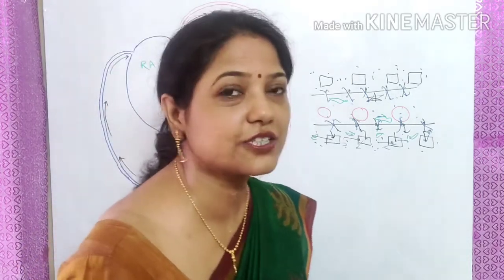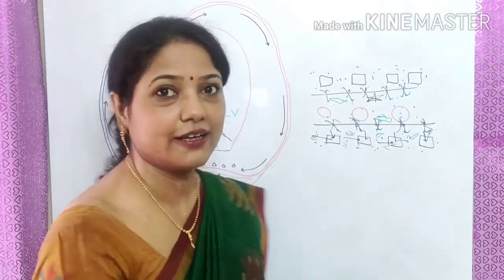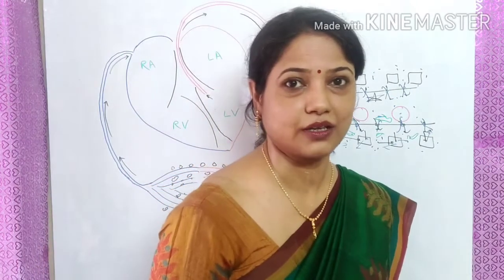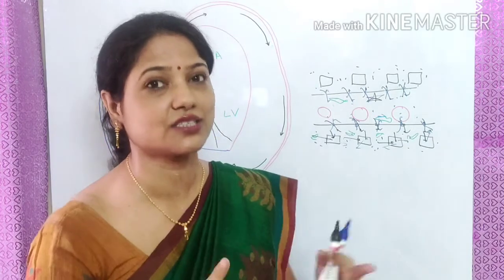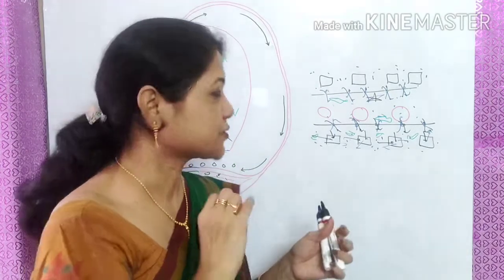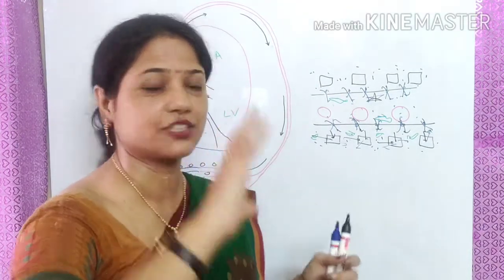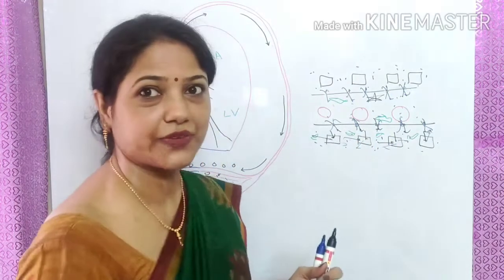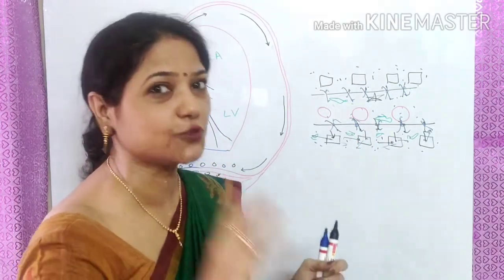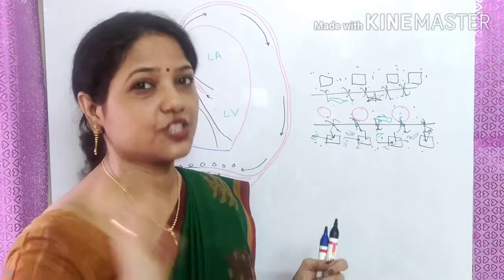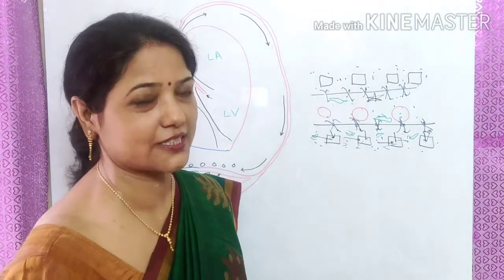So what happens, children? Here, another system consisting of various channels, small, thin and thick channels, arises. And that system consisting of those thin and thick channels is called the lymphatic system.